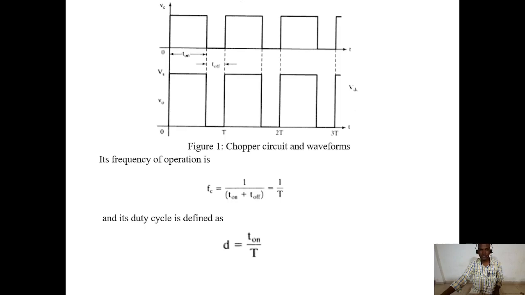Between the intervals of 0 to T, the waveform has a particular shape, and after the time period T to 2T the waveform continues its nature, similarly 2T to 3T and 3T to 4T.